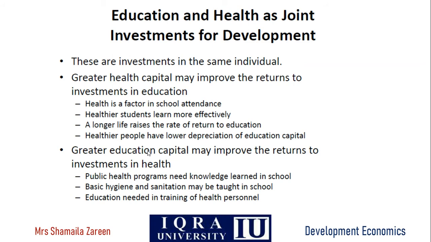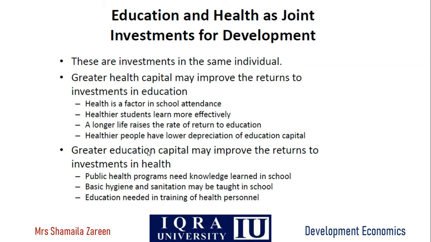We're seeing here that education and health are considered joint investments for development, and these are investments in the same individual. So greater health capital may improve the returns to investment in education. How are these related? It means health is the basic factor in school attendance or any university level attendance.